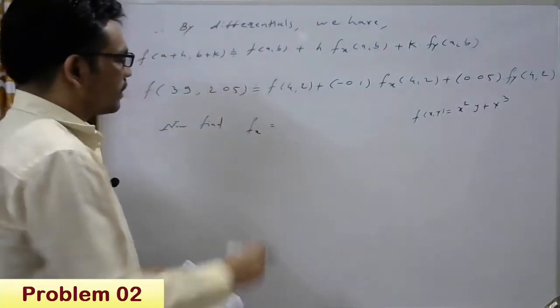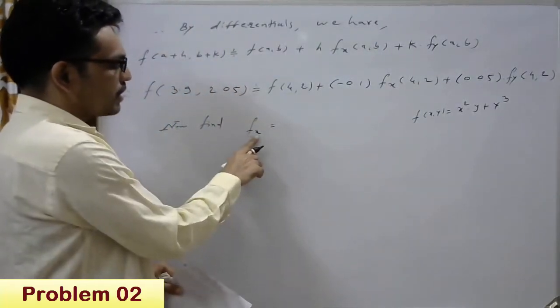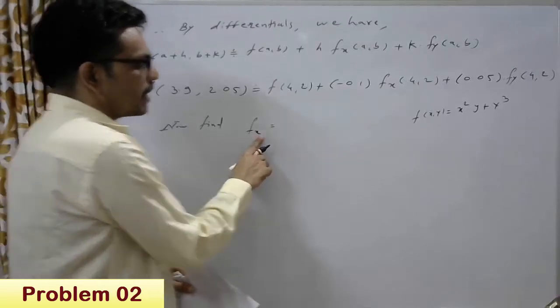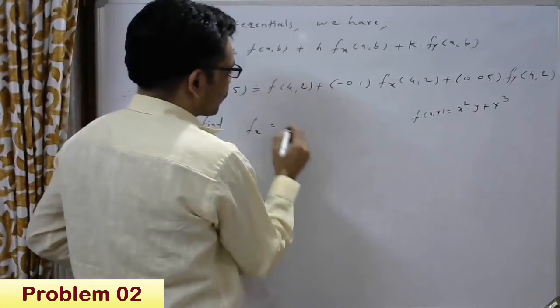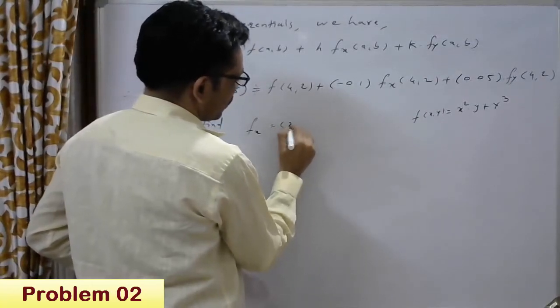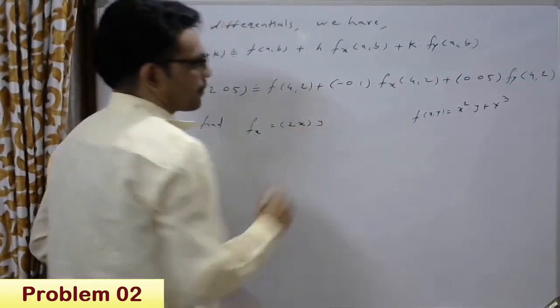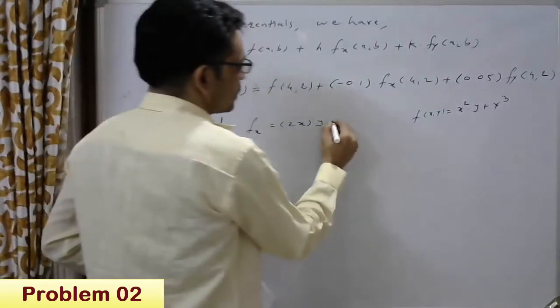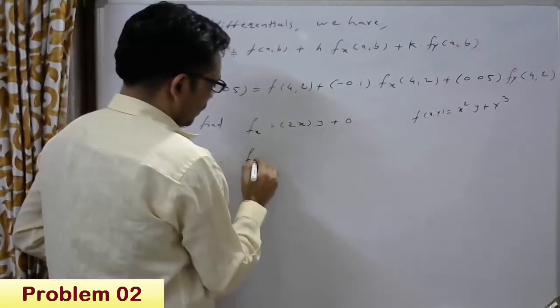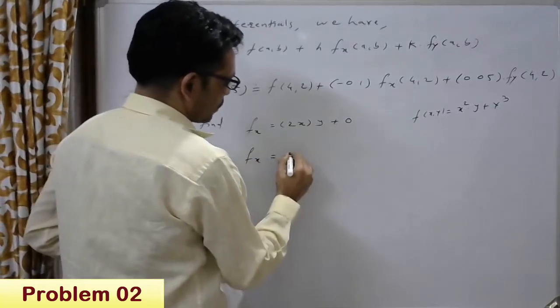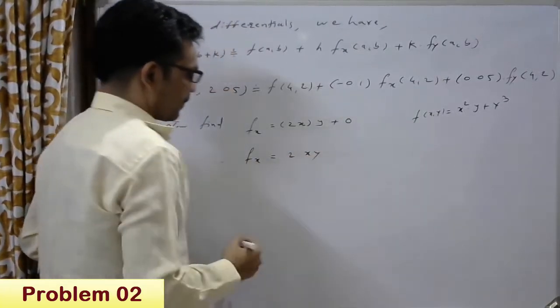Here, differentiating the function f partially with respect to x, treating y as constant, the derivative of x squared gives 2x into y plus 0. Therefore, the function f_x is equal to 2xy.